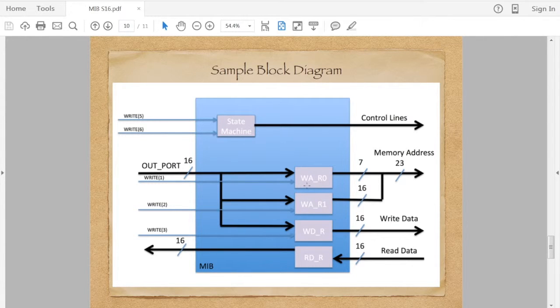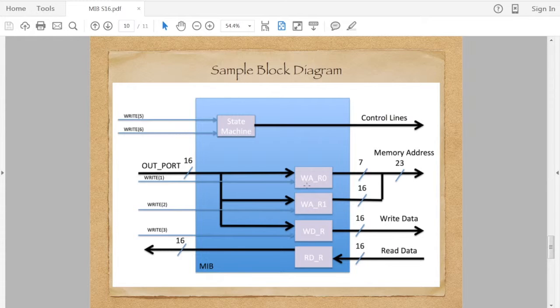Then when we want to perform a write and a read, 5 is the read, 6 is the write. So if we set those 3 registers up like we just mentioned, we then would do a write to address 6. The state machine would detect the pulse on write 6, telling it to perform the write. Same thing if we set up the address, then we issue a write 5 that tells it to do a read.